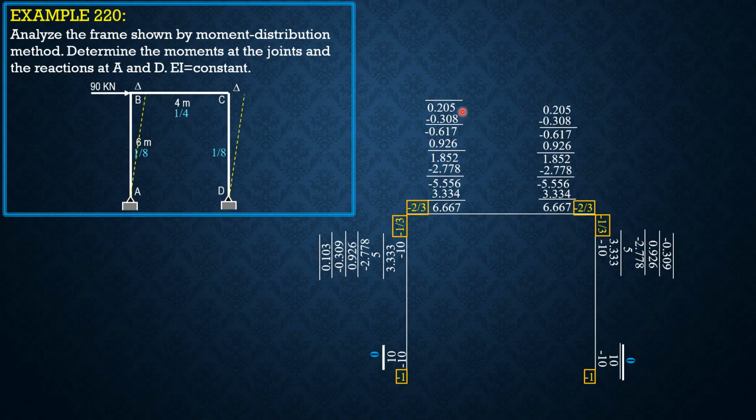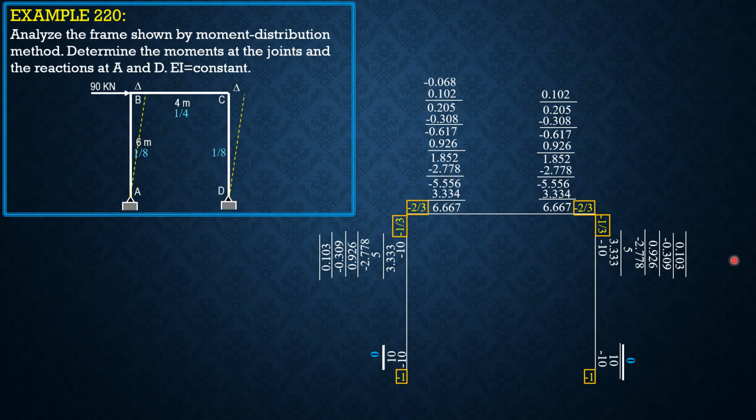Half of 0.205 is 0.102, 0.102. 0.102 times negative 2/3, negative 0.068. 0.102 times negative 1/3, negative 0.034. 0.102 times negative 2/3, negative 0.068. Times negative 1/3, negative 0.034.